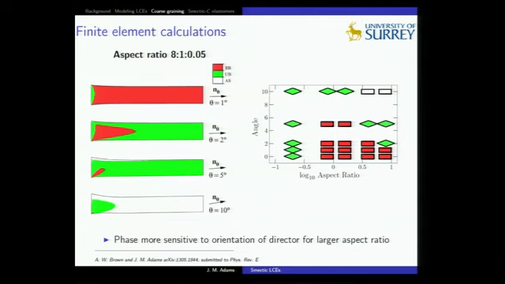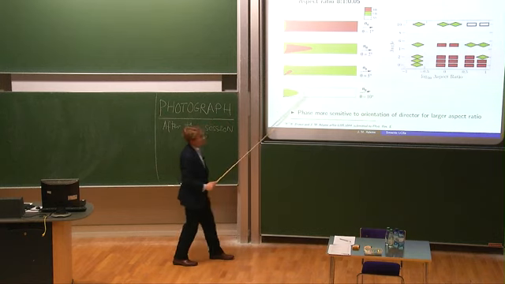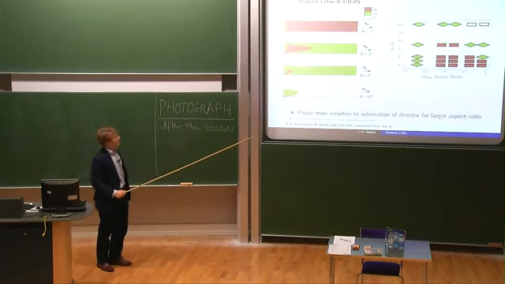You can also look at very long aspect ratio samples, in which case the sensitivity to the angle of the director with respect to the stretch axis starts to get much stronger. Here, if we just change the angle that you're stretching by a degree or two, then you start to go into much different parts of this phase diagram that I mentioned before.